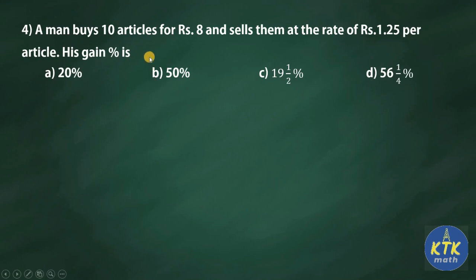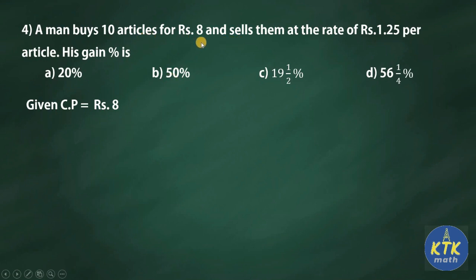This question also seems very interesting. So remember what they gave and what we need to find. Given cost price is rupees 8. So listen here, a man buys 10 articles for rupees 8. So no need to multiply 10 into 8. For 10 articles, the cost price is rupees 8.